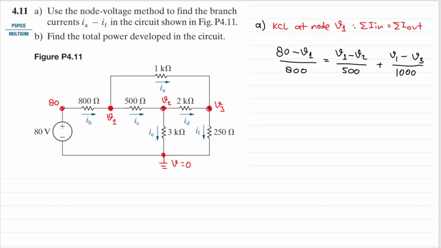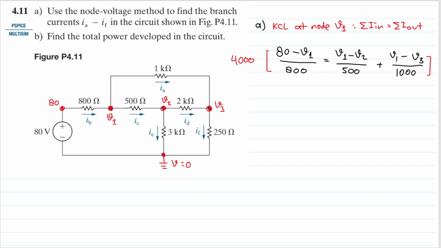I think we can multiply both sides by 4000, so we can get rid of all the denominators here. 800 and 4000 will cancel into 5, right?